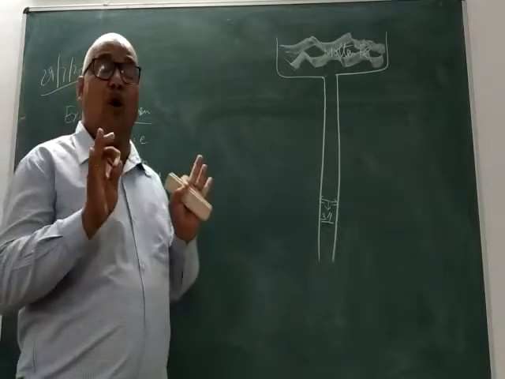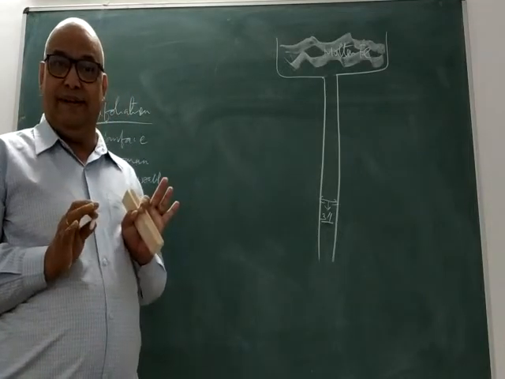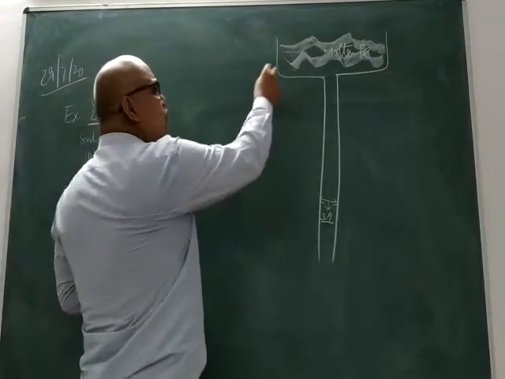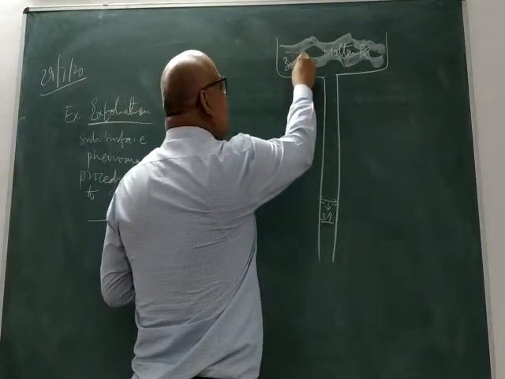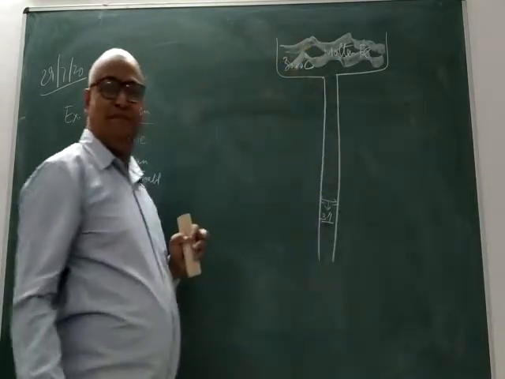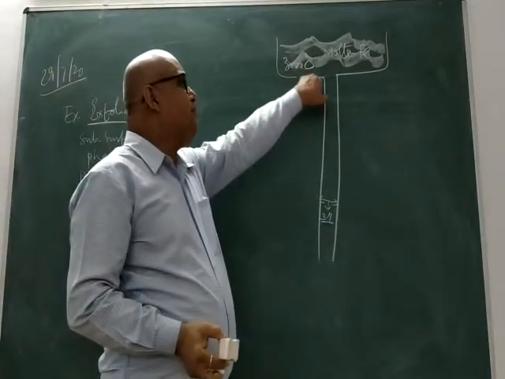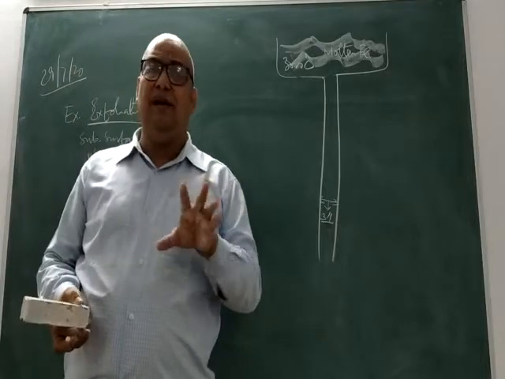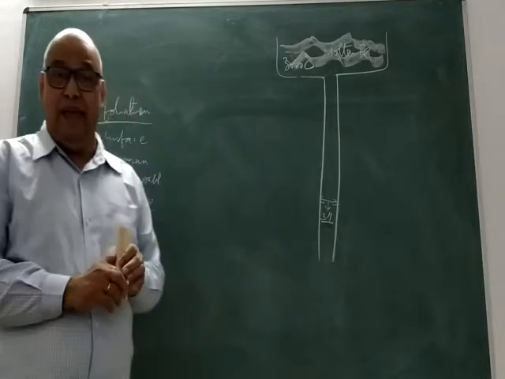Now, as all of us know, in the molten state, the temperature will be around 3000 degrees centigrade. At this temperature, iron will be in a molten state, somewhat liquid form.